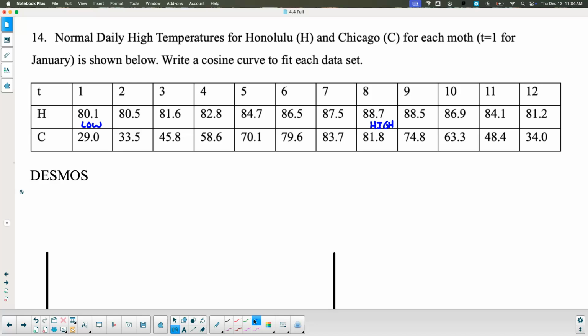Which would give me an amplitude then of Honolulu at 4.3. Which means my middle at Honolulu would be at 84.4. Because that's the middle. Low plus amplitude is the middle. High minus amplitude is the middle.